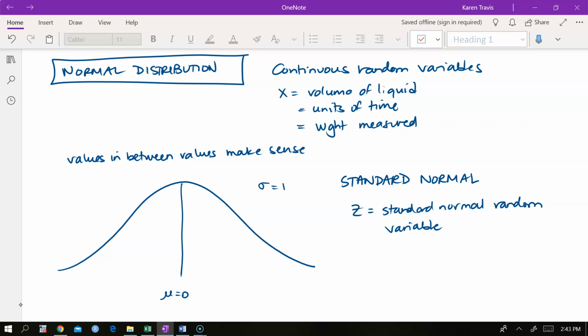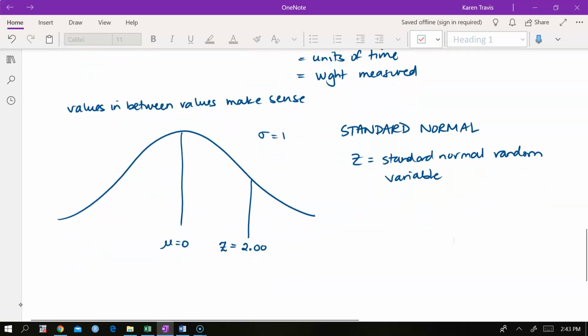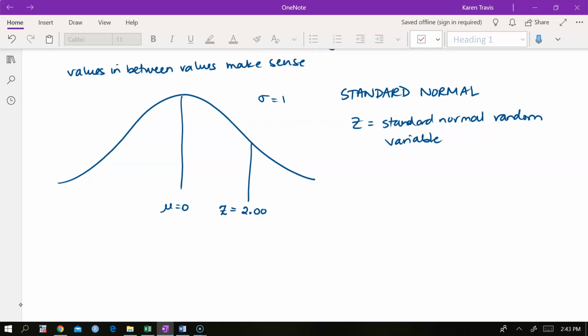So let's take a look at if z was equal to 2.00. Okay, so z equals 2.00 is a particular value. Now, the whole area under a normal distribution is going to give us the chance of something happening.